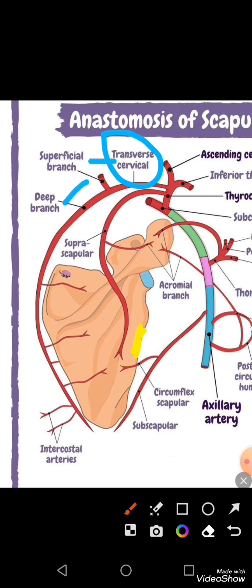This deep branch, which is also called the dorsal scapular artery, takes part in the anastomosis around the scapula, right? So this is one branch that takes part and comes from the thyrocervical trunk of the subclavian artery.